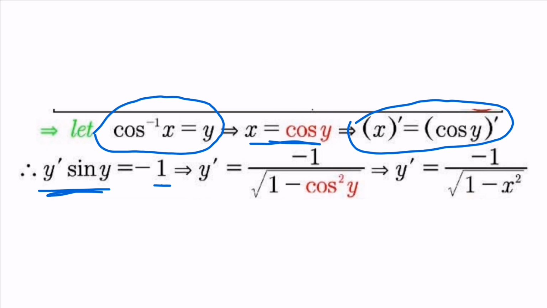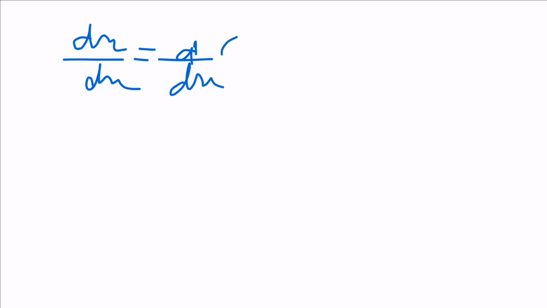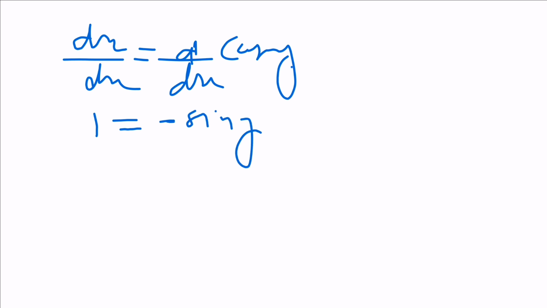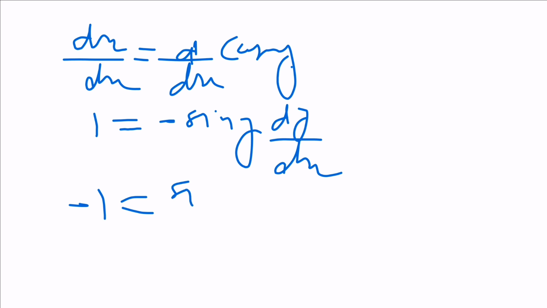By more explanation, derivative of x with respect to x is equal to 1, but derivative of cos y is minus sine y, and again derivative of y is dy by dx, and dy by dx is equal to y dash.